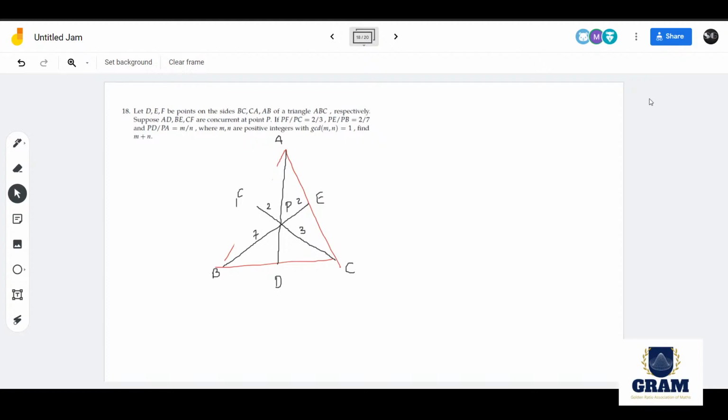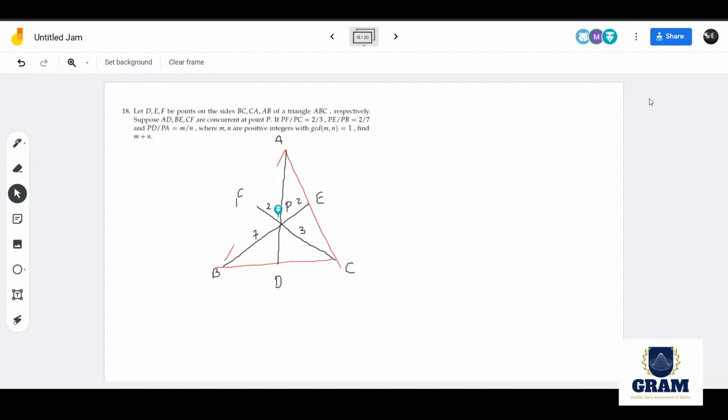This is a problem of multiple mass points. So what you can actually do is take the mass at point P to be 45. And why I took 45 is because the LCM of 5 and 9 is 45. So just mark the mass at P to be 45.